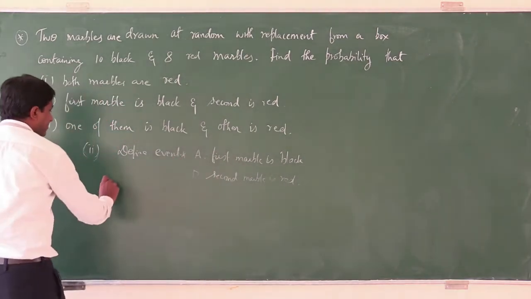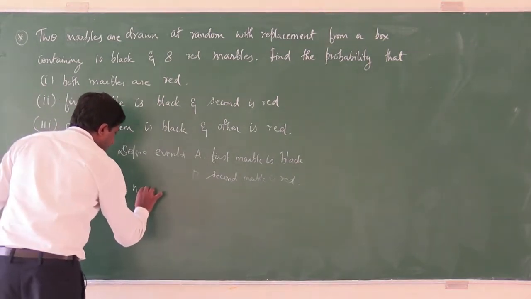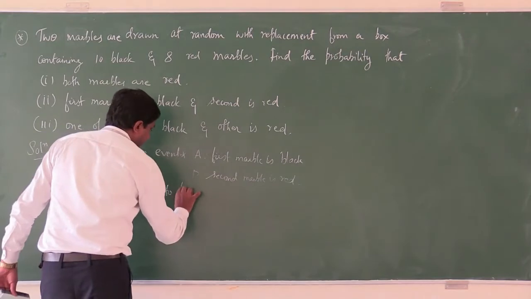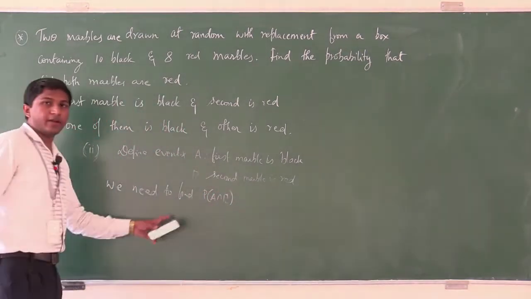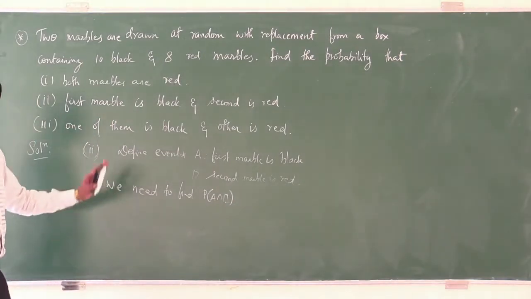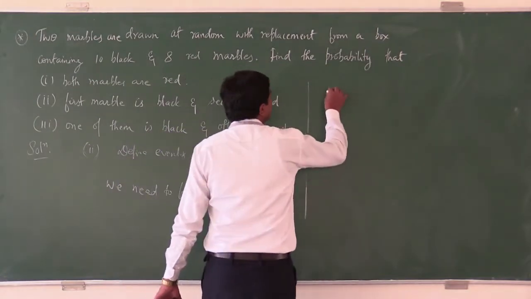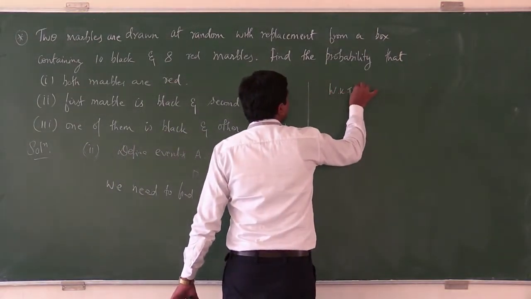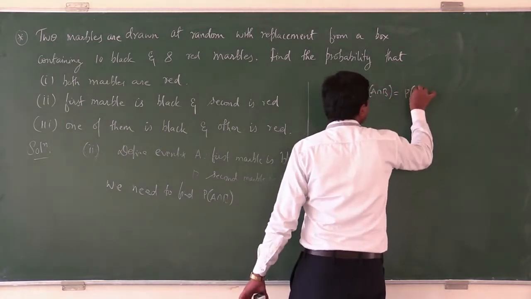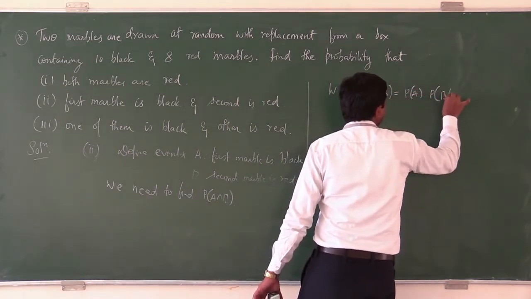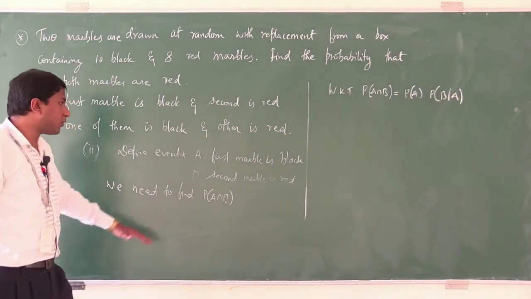So in other words, we need to find the value of P of A intersection B. Again we are going to use the multiplication theorem on probability. So what do we know? It is P of A intersection B equals P of A into P of B bar A. But what is P of A?